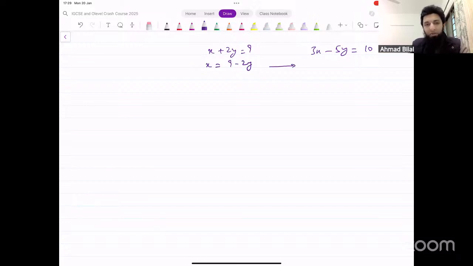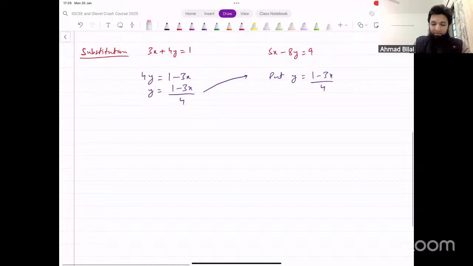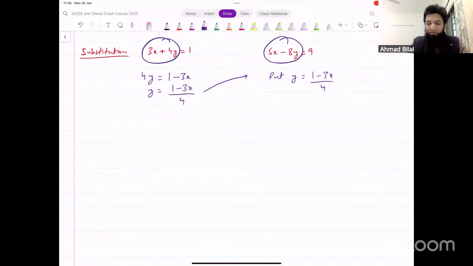Why? Because if there's no coefficient of x outside, you would not get a fraction here. In this case, when we made y the subject, we got a fraction because we had to divide by 4, and that makes the calculation a bit more complicated. In this case, we did not have a choice because all of them have some number outside, which is not 1.